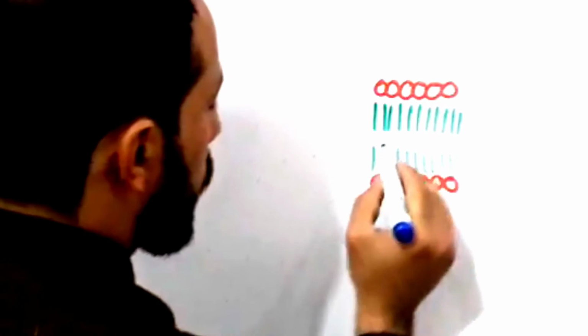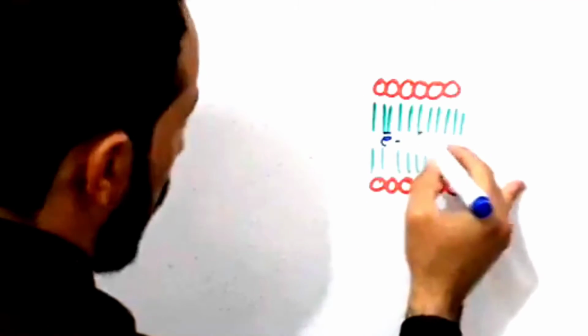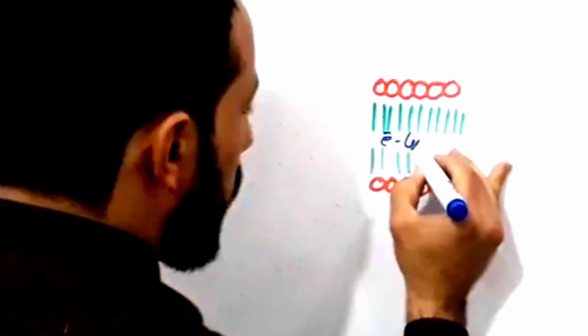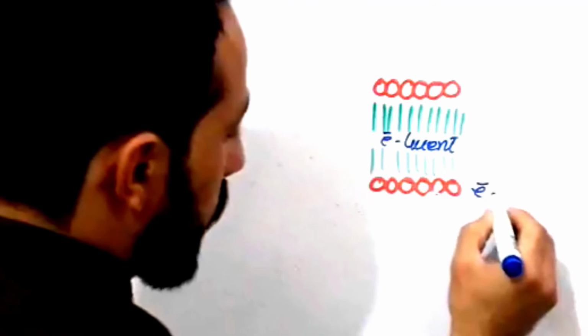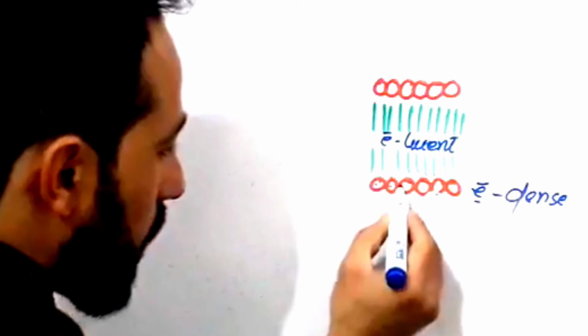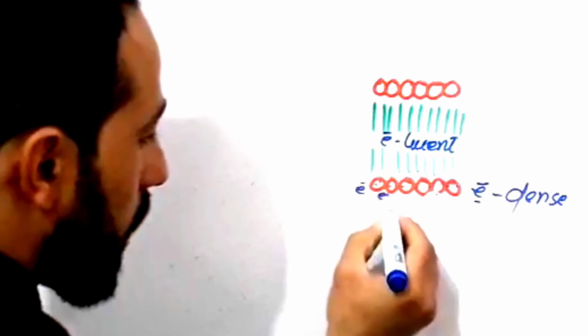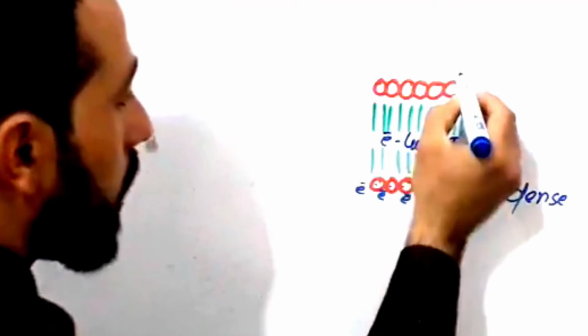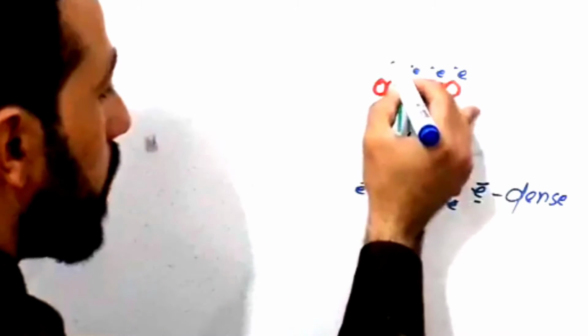So the book says that the middle layer is electron lucent, and the outer two layers are electron dense layers. It means that there are more electrons here, and in the middle layer there are very few electrons.